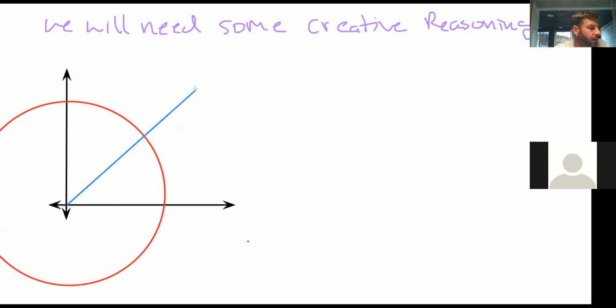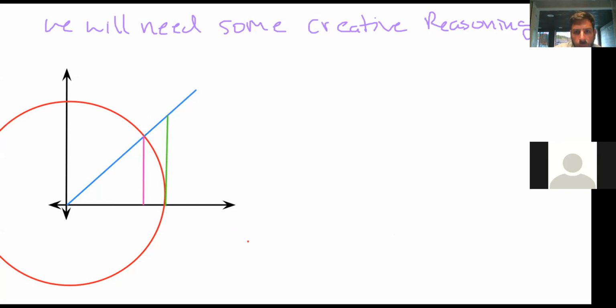I'm going to draw this line, and then I'm going to draw two other lines. So we'll draw this one. All right, so this is the picture I want to consider.